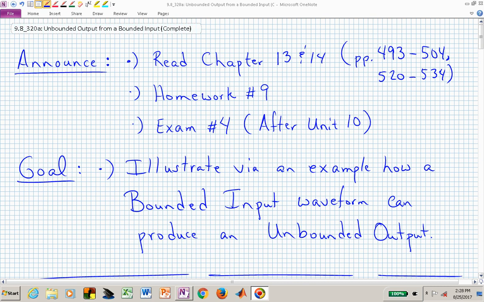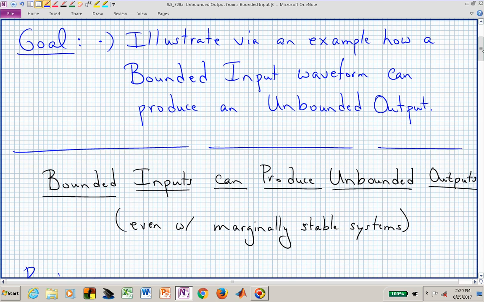With the right input waveform, you can actually generate an unbounded output response. And that's what we want to examine in this video.